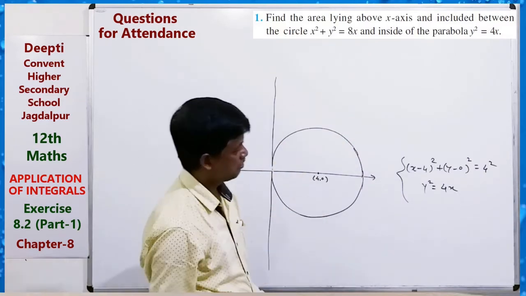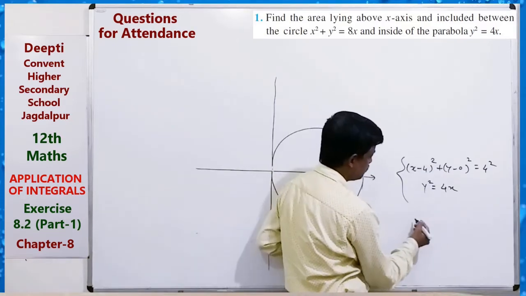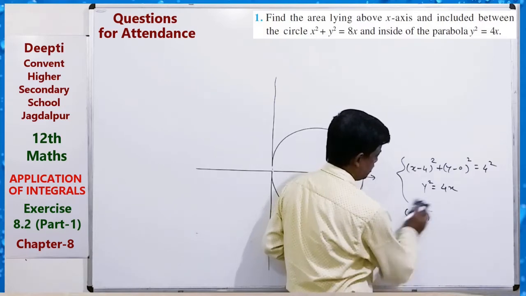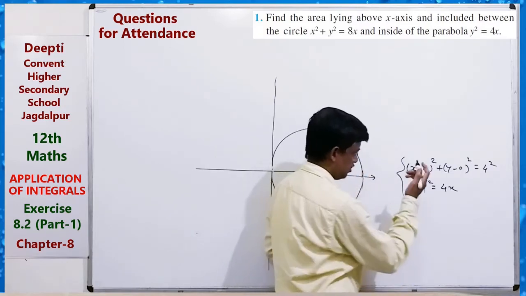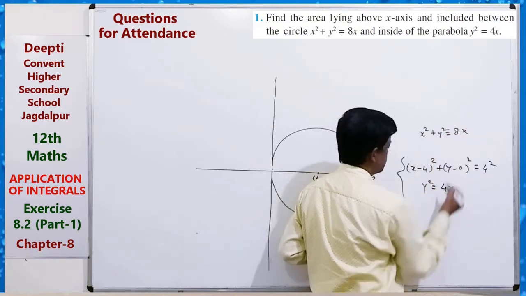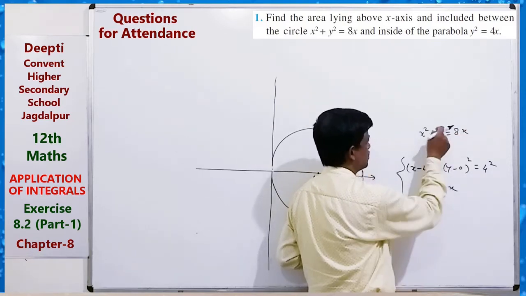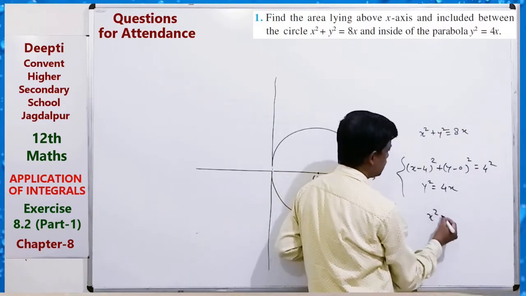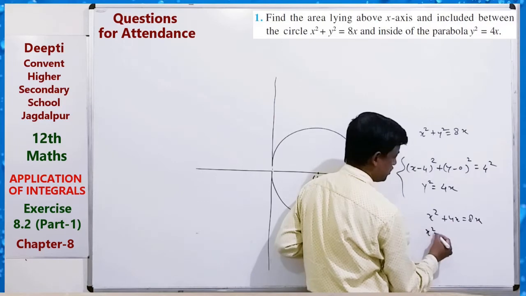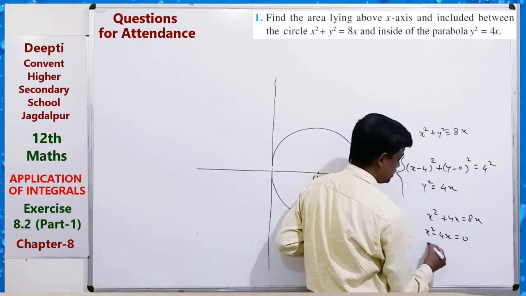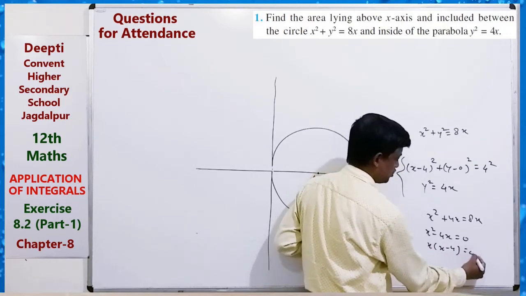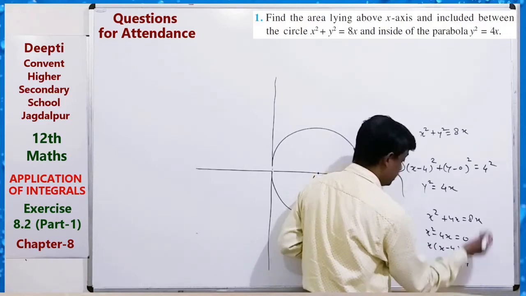So we can see by solving: the given circle was x square plus y square equals 8x, and y square equals 4x. So x square plus 4x equals 8x, that is x square minus 4x equals 0. X common, x minus 4 equals 0. That is x equals 0 and x equals 4.